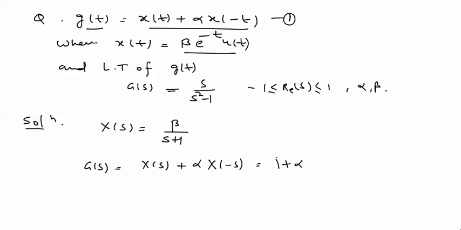I'll put this value: beta upon s plus 1, plus alpha beta upon 1 minus s.